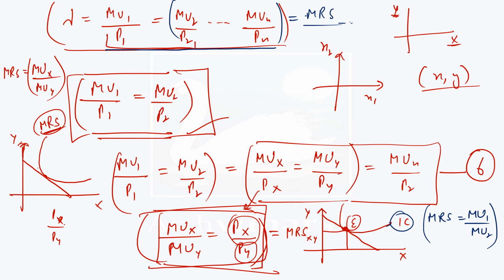So just to give you the final expression of what the condition of equilibrium looks like: the ratio of the marginal utilities of the commodities under consideration was equal to the ratio of the prices.